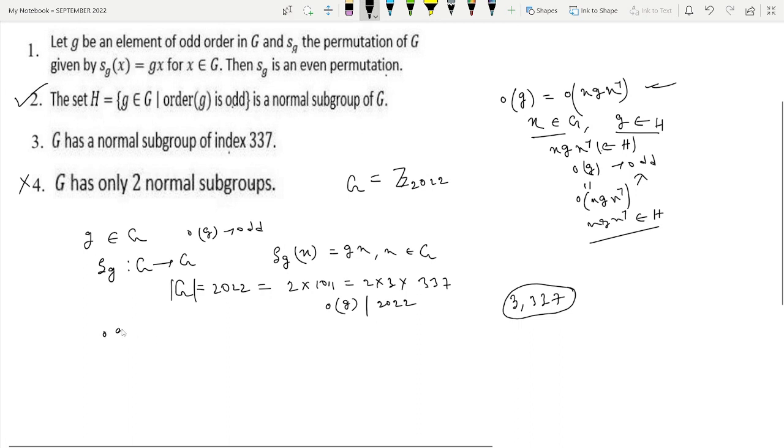So the order of g must be either 3 or 337. So first let us suppose that the order of g is 3.